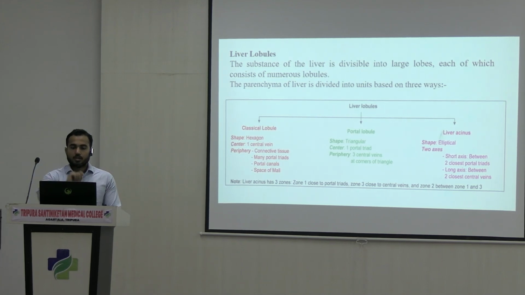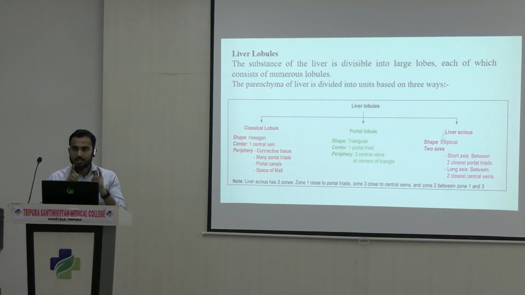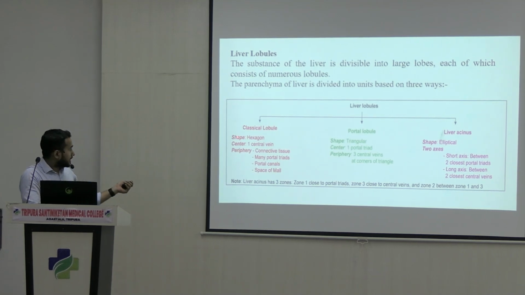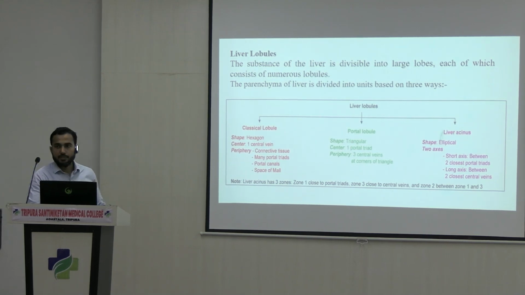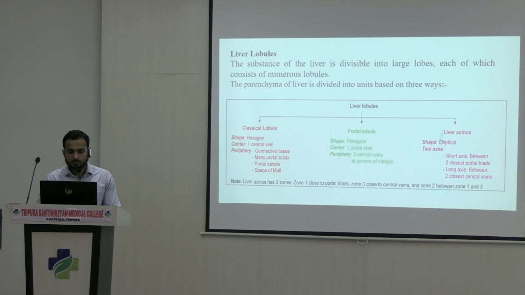In each, the shape is different. The classical lobule is hexagonal in shape, the portal lobule is triangular in shape, and the liver acinus is elliptical in shape. So the shapes are different.